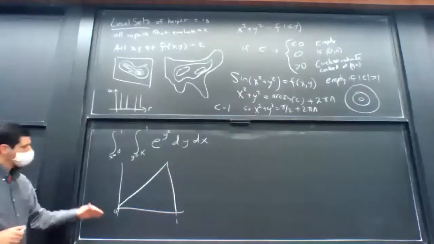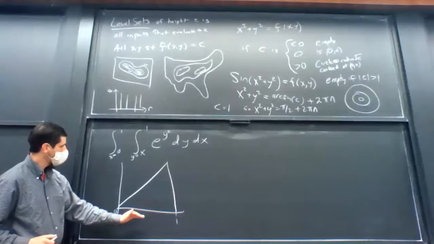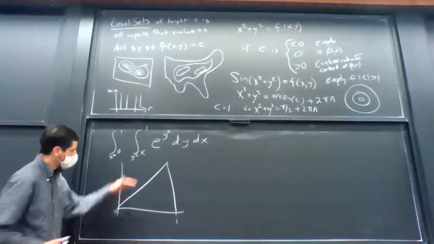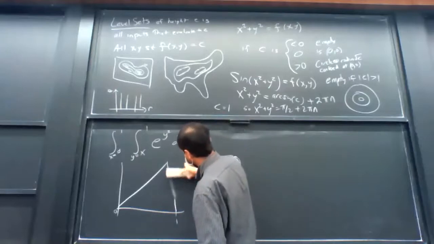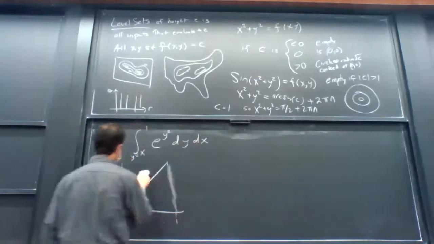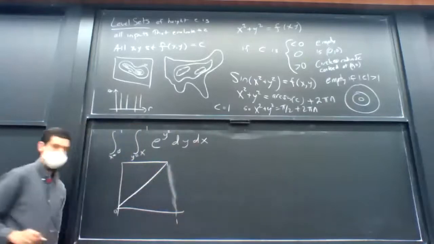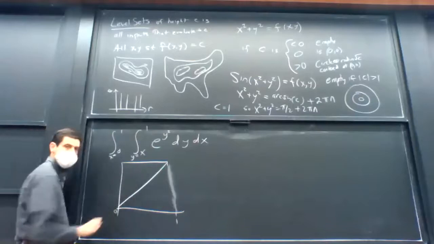Initially, we fixed x. No, I'm sorry. I think I do this one. We fixed x, and y goes from x to 1. It's a triangle up here like this. So initially, we're going straight up.